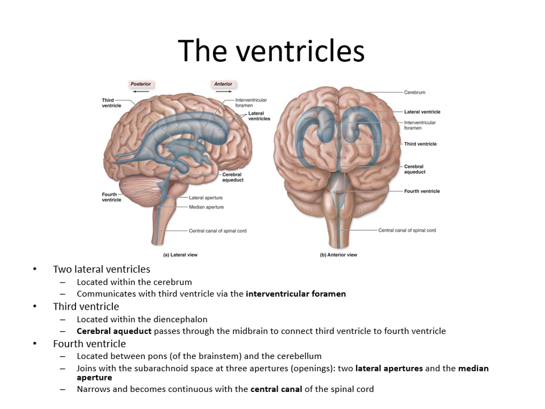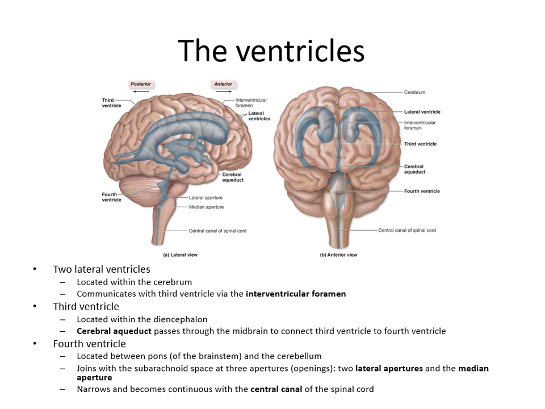So we have lateral apertures. Lateral apertures would be on the lateral side, so there's one on the left and one on the right. And then we have a median aperture, which sits right there, and that allows fluid to escape behind or below the cerebellum. And then that fourth ventricle continues downward as the central canal.